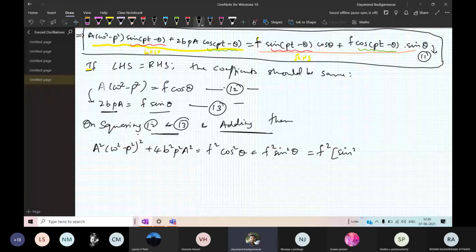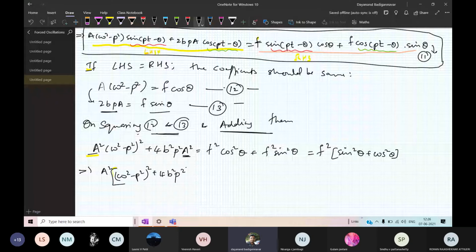Look here. Here A square is common in this term. I have taken A square outside. Therefore, it gives you A square into omega square minus p square whole square plus 4 b square into p square, that is equal to F square. Why?